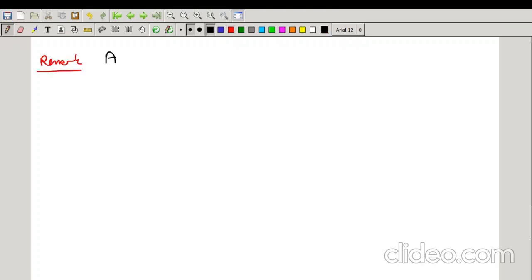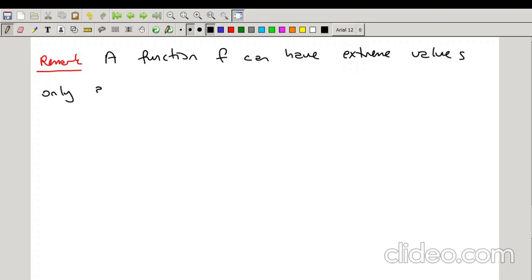A function f may have extreme values only at points of 3 special types.